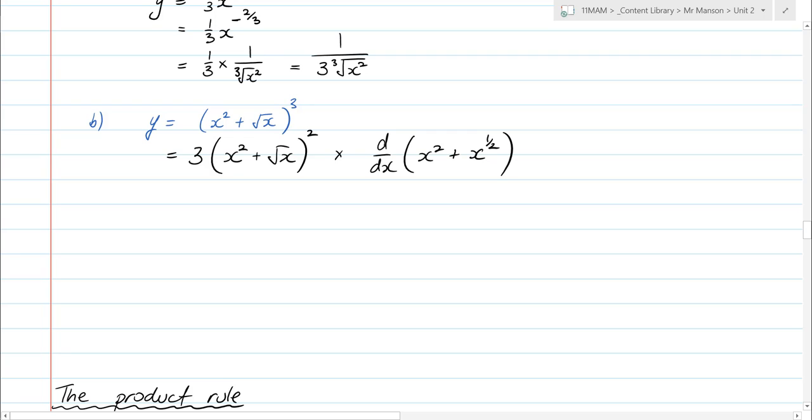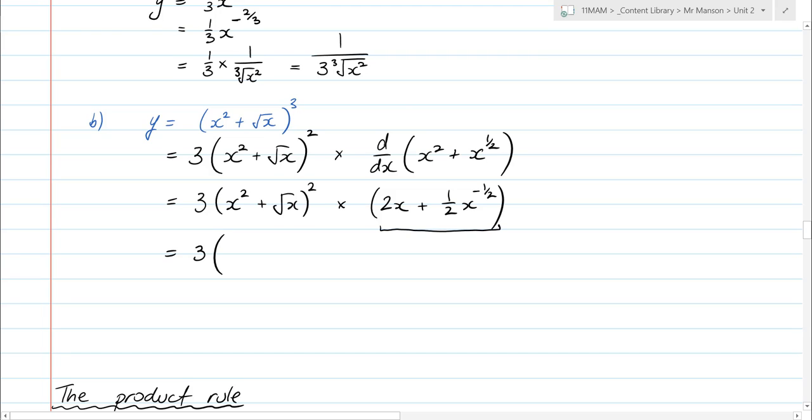change now, and that's equal to 3 x squared plus the square root of x squared times by 2x plus a half x to the power of negative a half. And then I'll bring it all together. 3, this thing, because it's not squared, it's just power of 1.